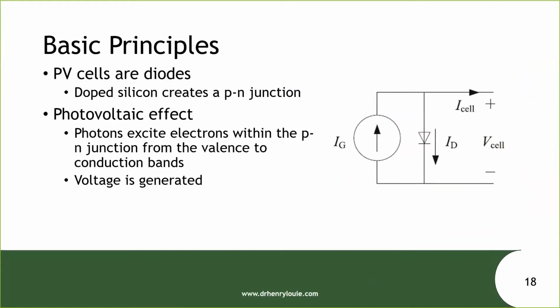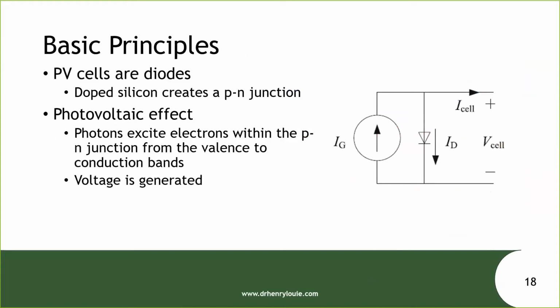Now, more technically, a PV module or PV cell is just a PN junction. So if you are familiar with how diodes work, a PV cell is just a diode. What happens is when photons from sunlight excite electrons within the PN junction, some of those electrons jump out of the valence band into the conduction band.